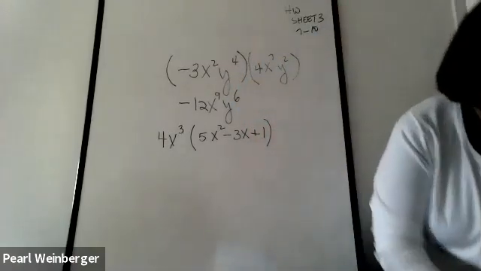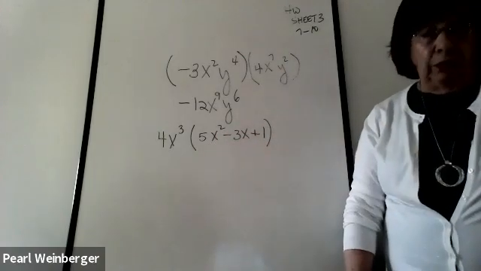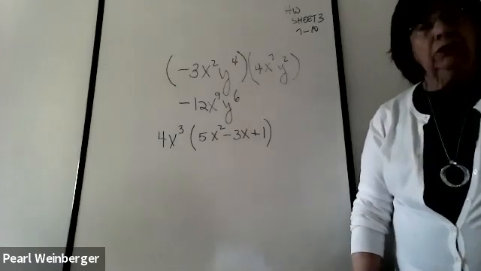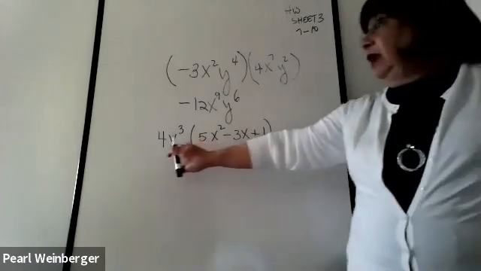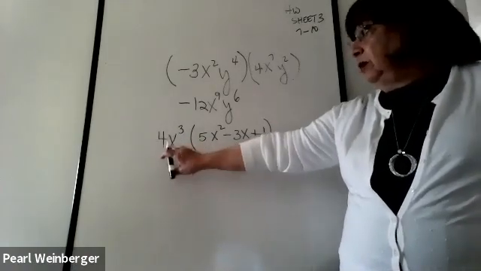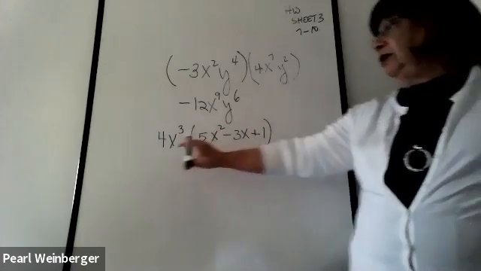We're taking a single term, a monomial, and multiplying it by a polynomial. Well, the way we do that is by using the distributive property. We have to take this 4x cubed, which is a single term, and multiply it by each of the terms that are inside the parentheses.